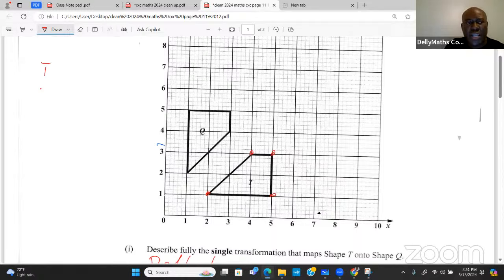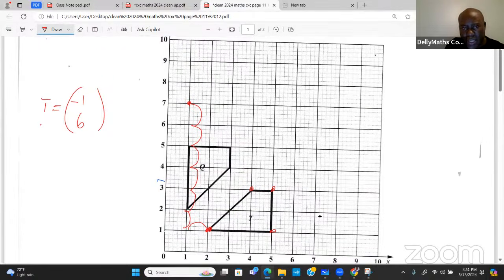Remember, the translation is (-1, 6), which means that you're going to move one place to the left and 6 up. If I pick this point here, I move it 1, and then 1, 2, 3, 4, 5, 6, it lands here. Then I move the other point 1 to the left, and then 1, 2, 3, 4, 5, 6.